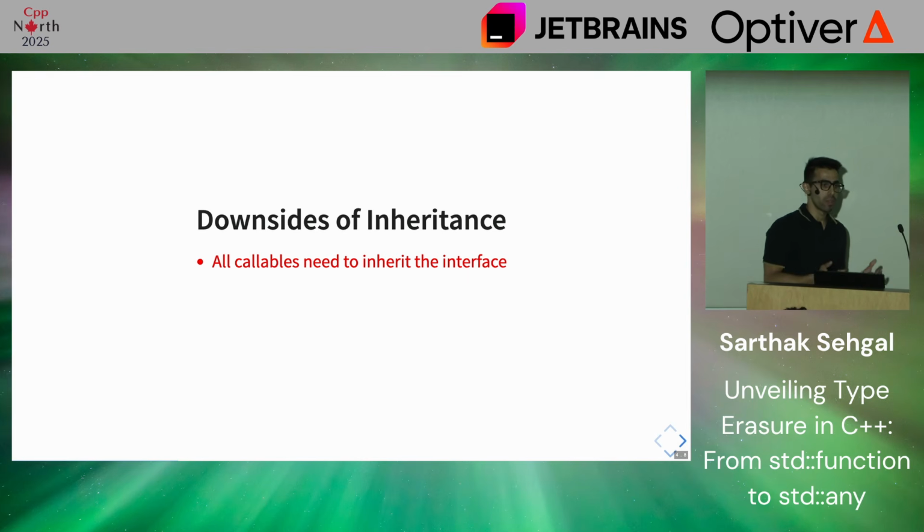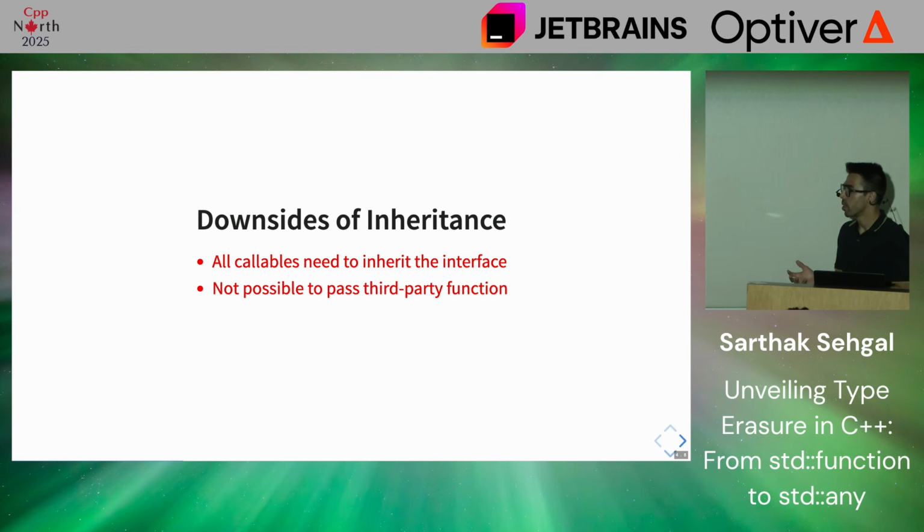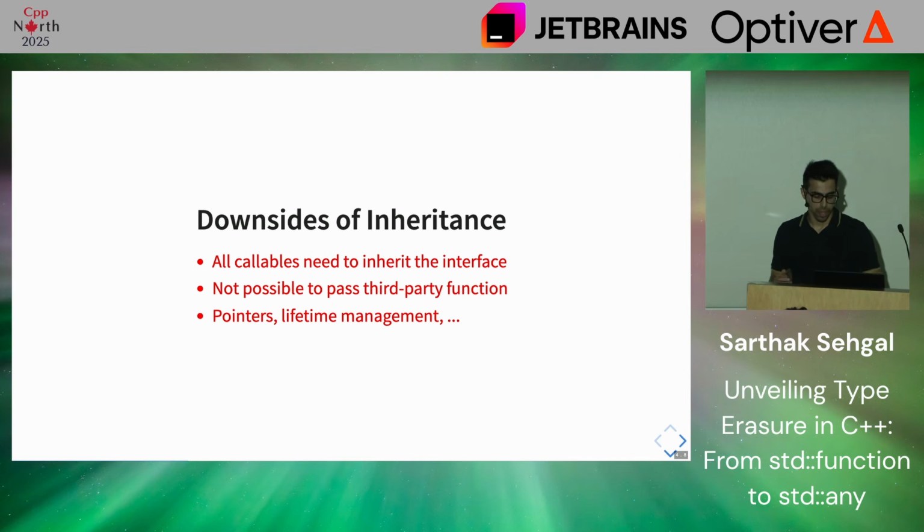There's no easy way that we can use this isPrime function directly without having this inheritance hierarchy. So all callables need to inherit the interface. It's quite restricted. It's not possible to pass third-party functions. There are still pointers, lifetime management, and lack of value semantics. So it's still a bit clunky.